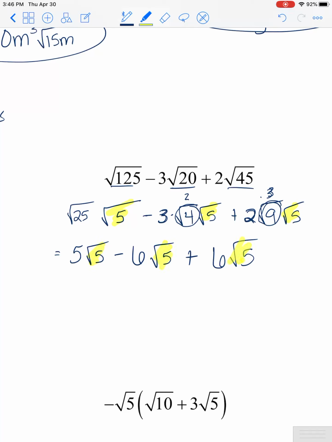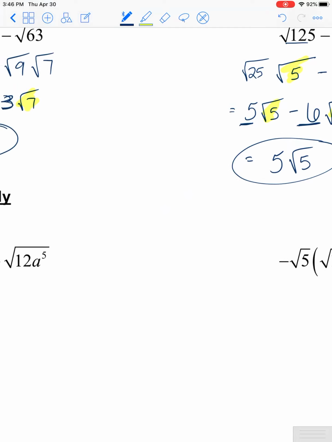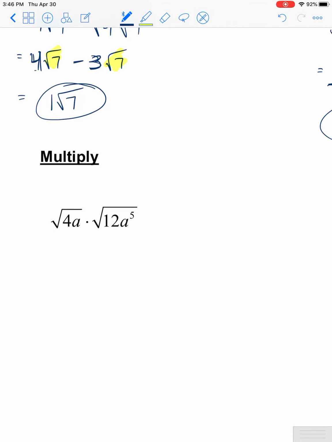Remember, only like radicals. With this one, I actually have 3 like radicals. So you go right in row. What's 5 minus 6, which gives me a negative 1, plus 6 is really 5 radical 5. So again, if you need to, just do that in your calculator: 5 minus 6 plus 6.